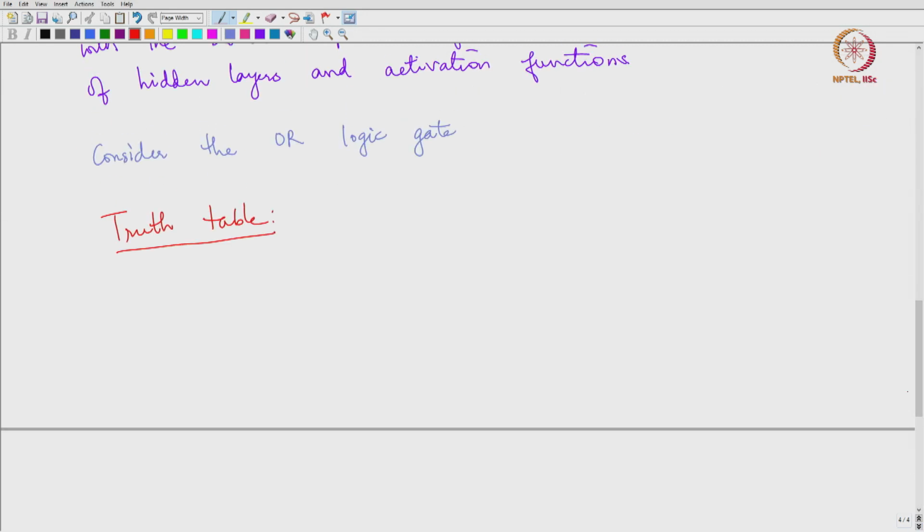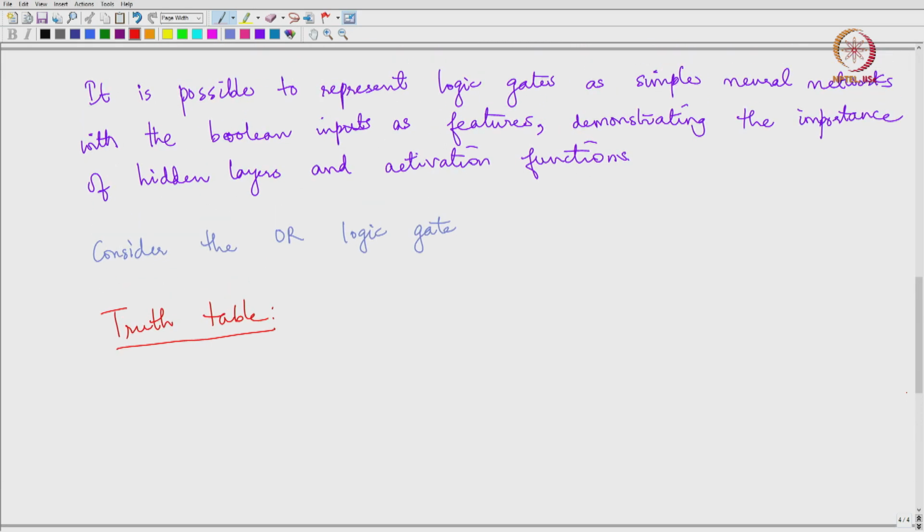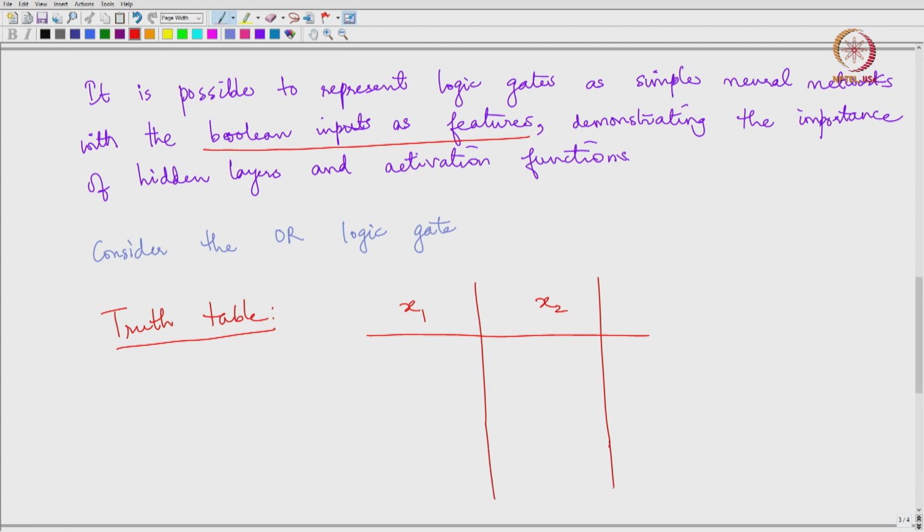In this case, like I said, the Boolean inputs are the features. There are only two features here because these AND or OR gates work with two inputs, the NOT gate works with only one input. Because these are booleans the only value they can take is 0 or 1. So there will be 4 cases: either both of them are 0, one of them is 1, or both of them are 1.